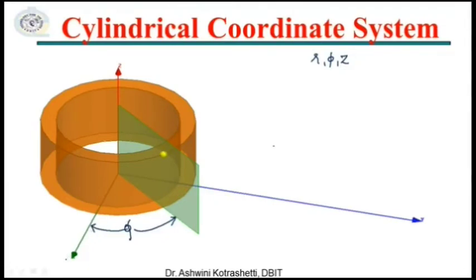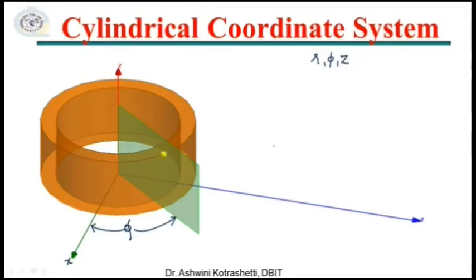Remember that phi is always an angle with reference to the x-axis and no other axis. So it moves in this fashion, in the anti-clockwise direction. Now this angle phi that this plane makes defines our point completely.